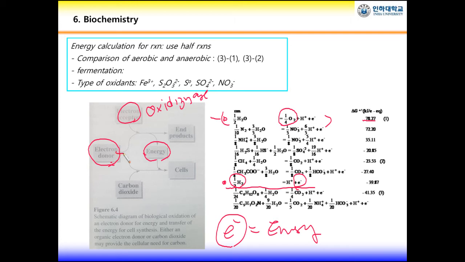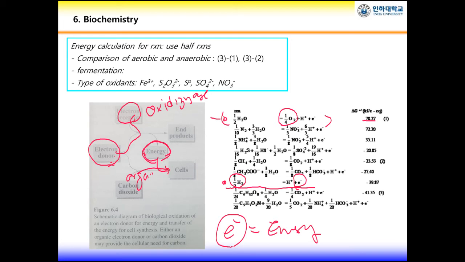While transferring electrons from donor to acceptor, the energy is released, and the microorganisms use this energy to produce cells. If organic compound is available, they'll use organic materials to make cells.